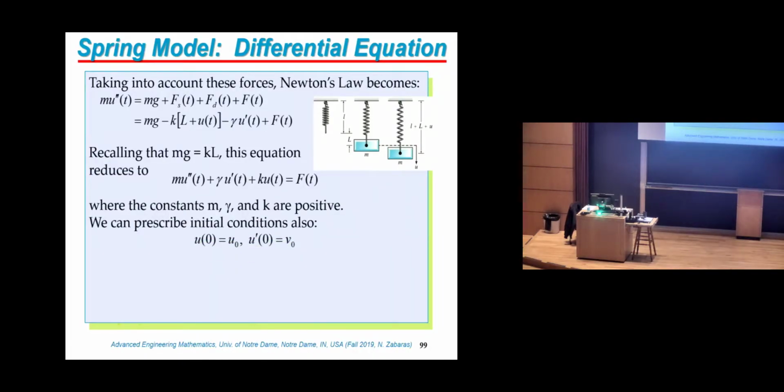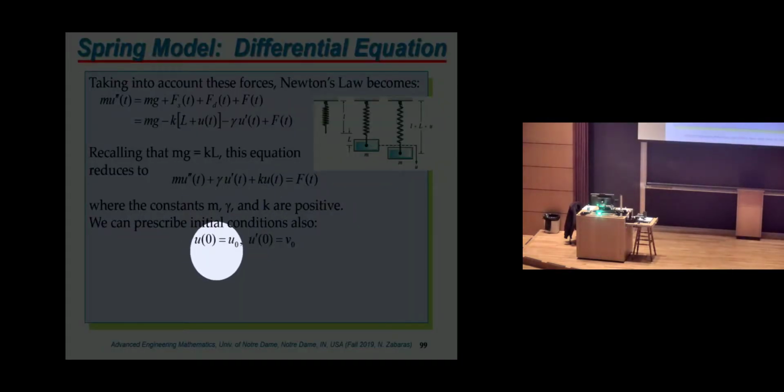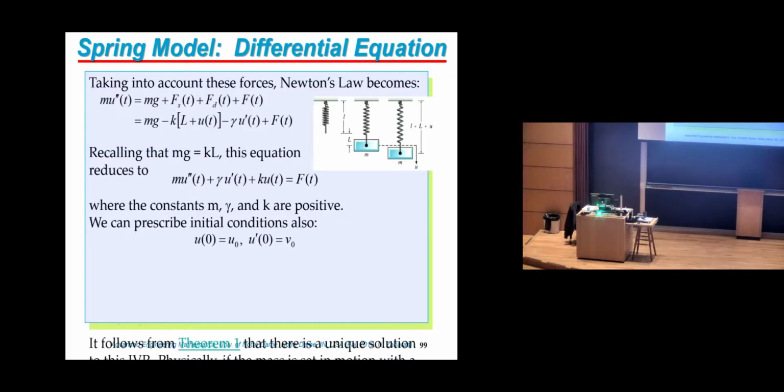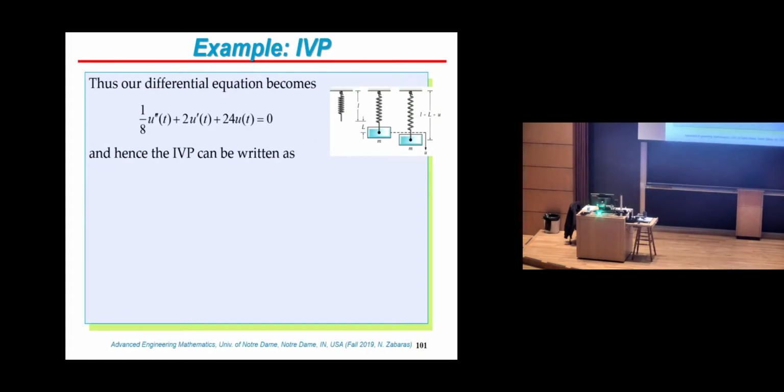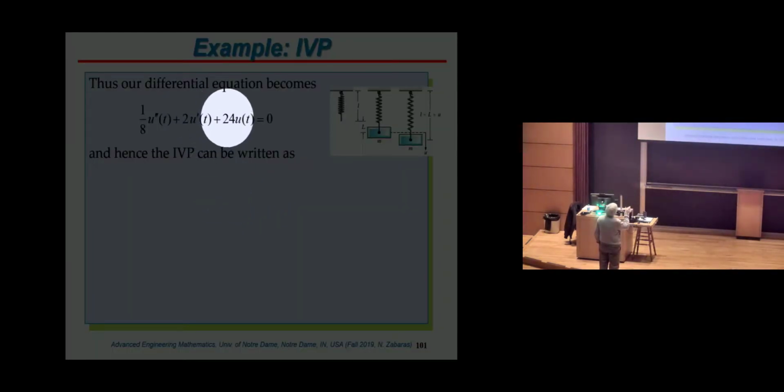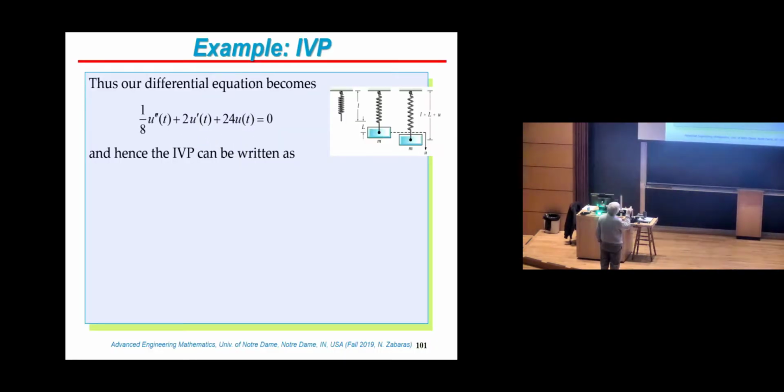Okay. So we are going to need some initial conditions. It's a second order ODE, so we're going to need some displacement. We're going to provide some velocity, V0, and that's what we want to solve. Here, just to keep things going, is one example where there is no forcing term. So the mass is 1/8, gamma is equal to 2, and k is equal to 24.